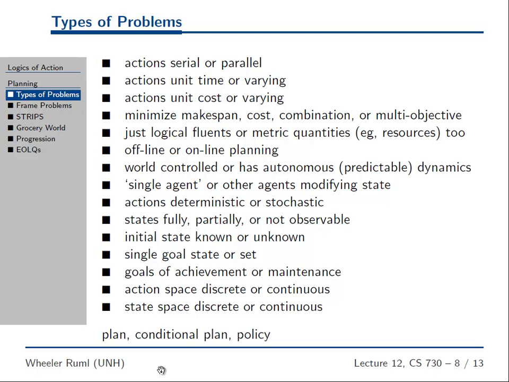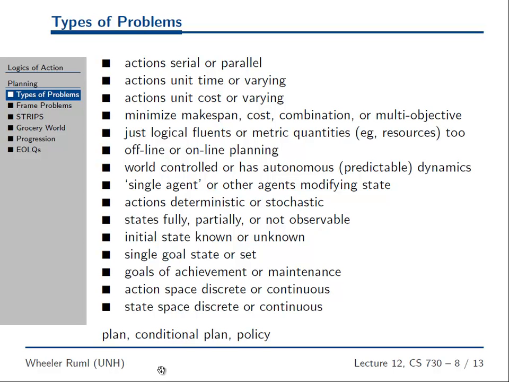So, people understand these kinds of distinctions? So we're concentrating right now on serial, although the grad students are doing parallel, pretty much unit time, pretty much unit cost. I guess the grad students are doing makespan.